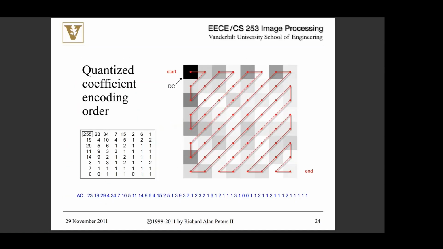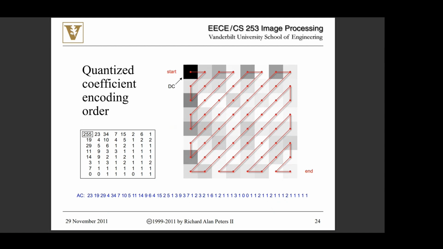So we will go through these components following this path. Let's say that this is our DCT block, the coefficients of the cosine transform, and this is number 23. This is the first one in our list.